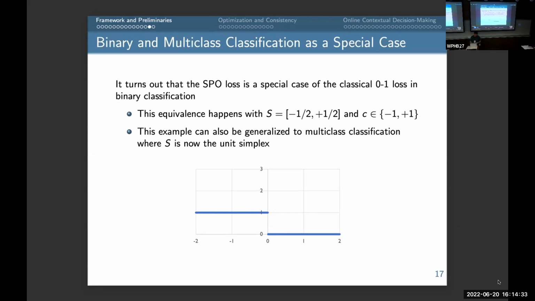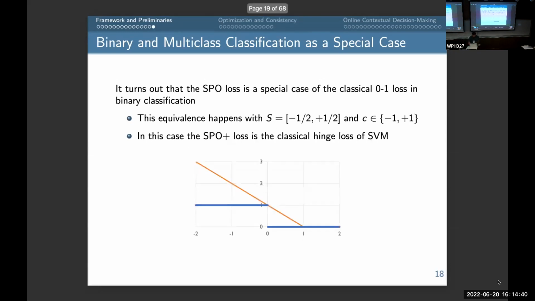And this type of reasoning can be generalized to multi-class classification when S is now the unit simplex. And just as a preview of what's to come, this SPO plus loss, which I'll introduce in a moment, ends up being equivalent to the hinge loss of SVM in this case. So that's the orange loss function there, which has a negative slope when the x-axis is less than 1 and 0 when the x-axis is greater than 1.